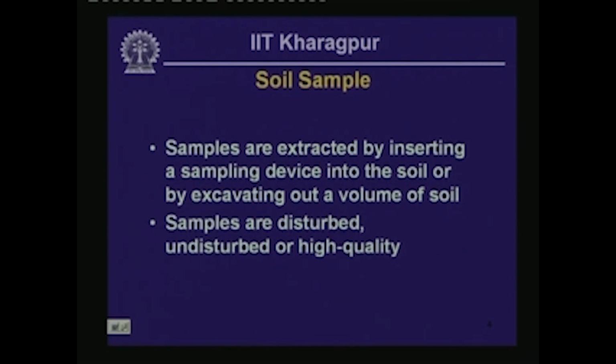Now soil samples are usually extracted by inserting a sampling device into the soil or excavating out a volume of soil, and we talked about some of these procedures of obtaining samples by excavating out a block in the previous lessons.